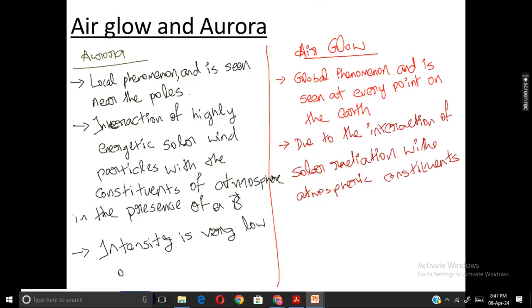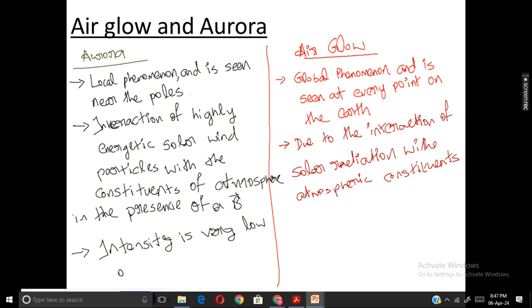Then we discussed two phenomena, airglow and aurora, and we came to know that airglow is basically a global phenomenon, whereas aurora is a local phenomenon seen mostly at the poles. Airglow is mostly formed due to the interaction of solar radiation with atmospheric constituents, whereas aurora forms due to the interaction of highly energetic solar event particles with the constituents of the atmosphere in the presence of a magnetic field.